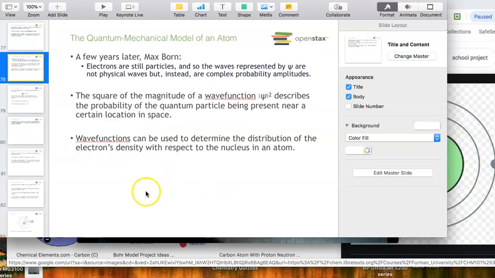A few years later, Max Born contributed to this idea: electrons are still particles, and so the waves represented by the wave function psi are not physical waves, but instead are complex probability amplitudes. The square of the magnitude of the wave function describes the probability of a quantum particle being present near a certain location in space. Wave functions can be used to determine the distribution of the electron's density with respect to the nucleus in the atom.